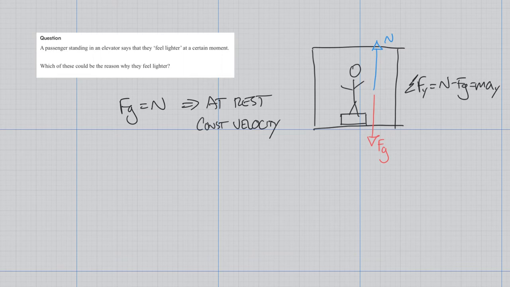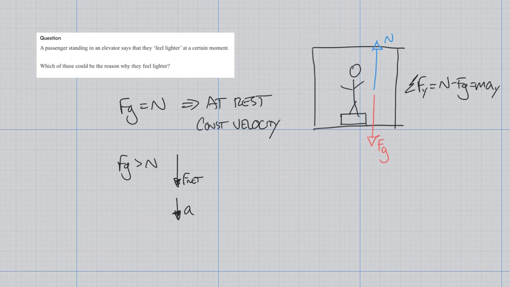Now, there could be an instance where the force of gravity is greater than the normal force. In that case, my net force would be pointing downwards, and I would be accelerating in the downward direction.